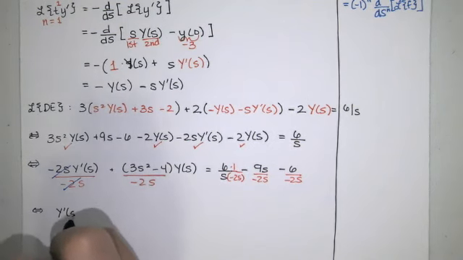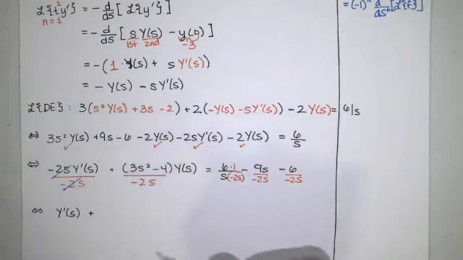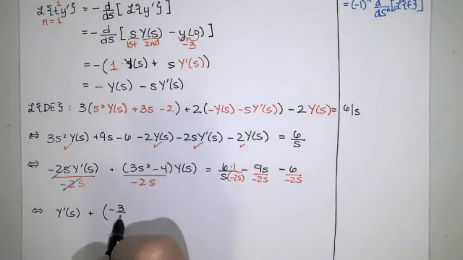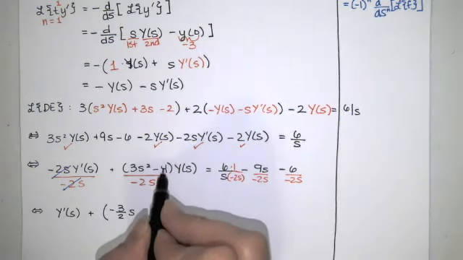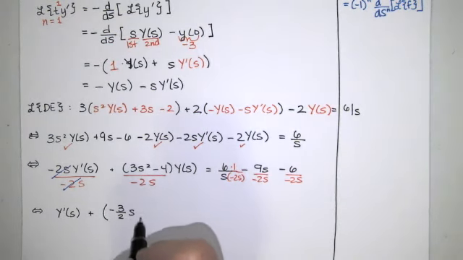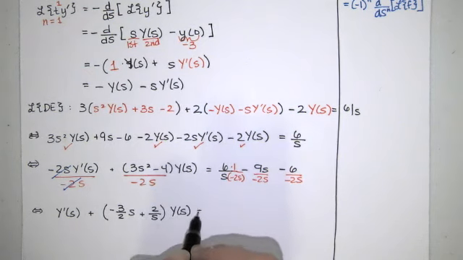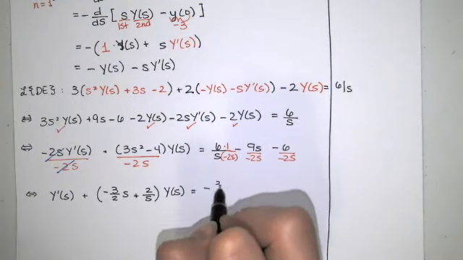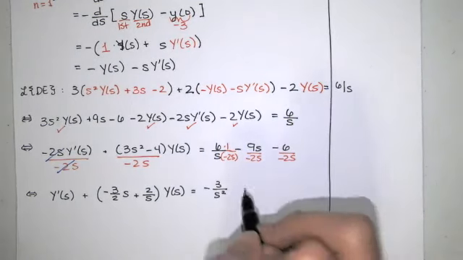So we have y prime plus, excuse me, 3s squared over negative 2s is negative 3 over 2 times s. Negative 4 over negative 2s is positive 2 over s. The 2 goes into 6 3 times, so we'll have negative 3 over s squared here.